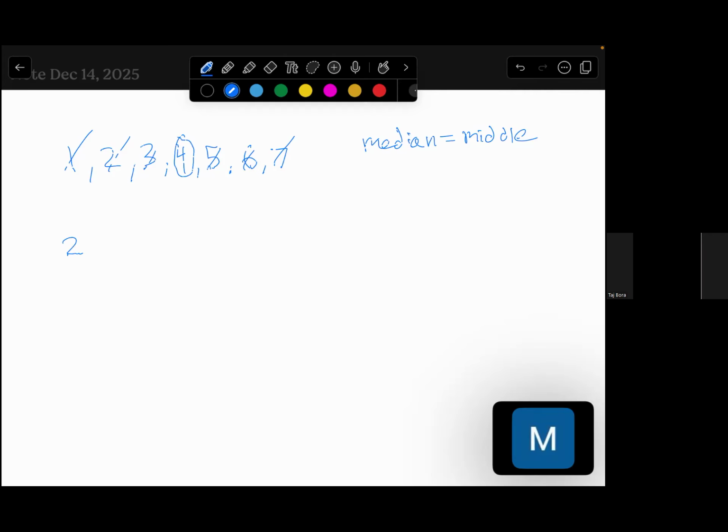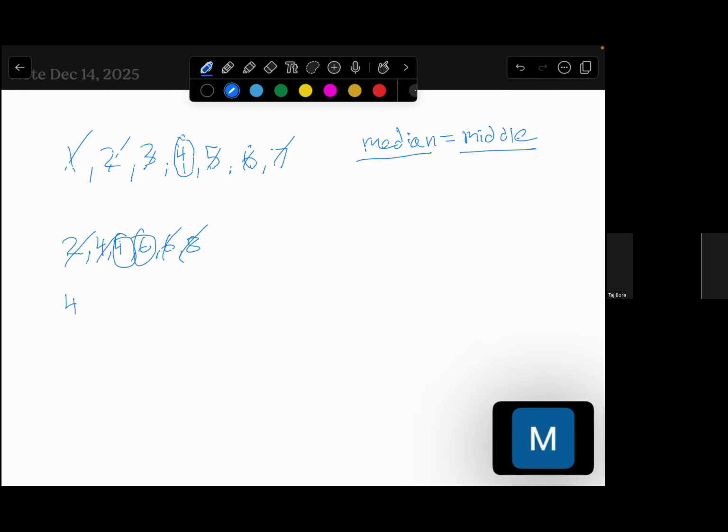So let's say we have another set. Okay? So we are looking for the median, which means middle. So we do 2 and 8. These are the ends, so we know it's not the middle. Then 4 and 6, these are not the middle. But then because there are two numbers left, we find what number is in the middle of both of these.